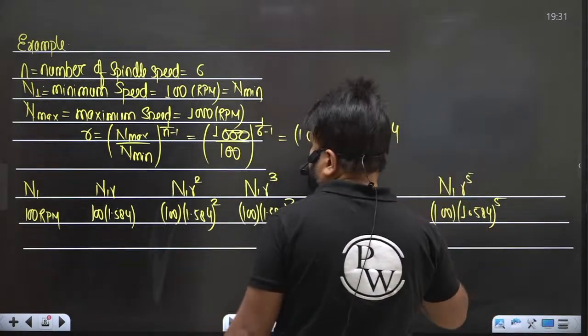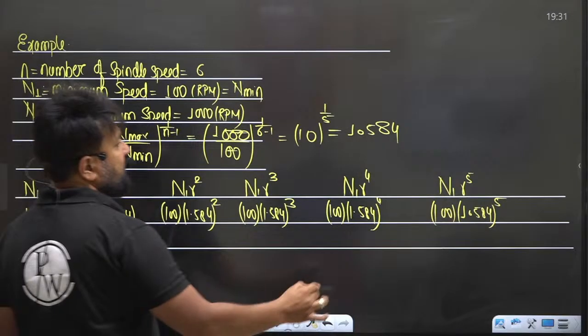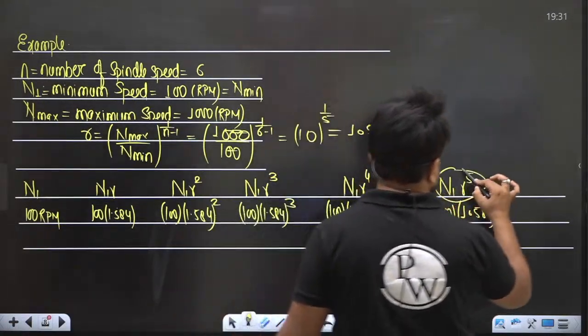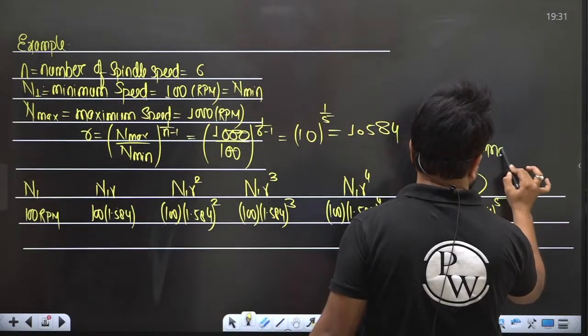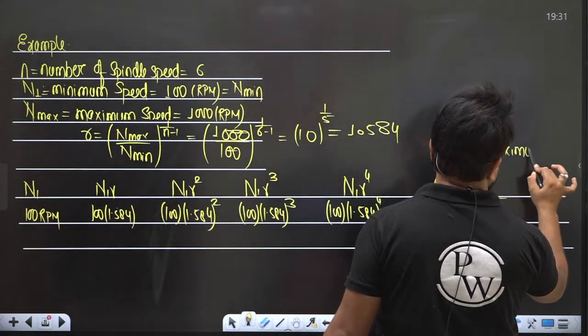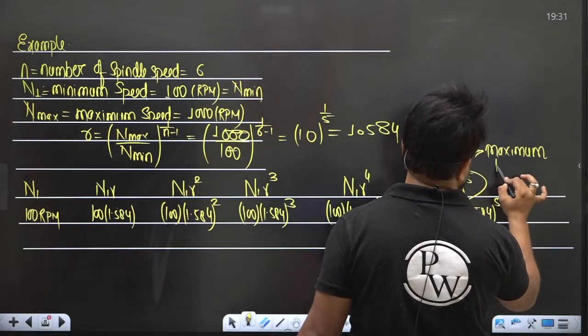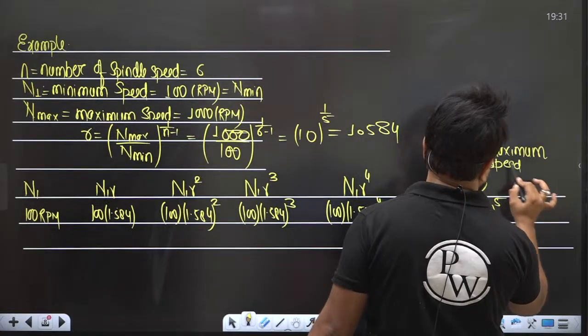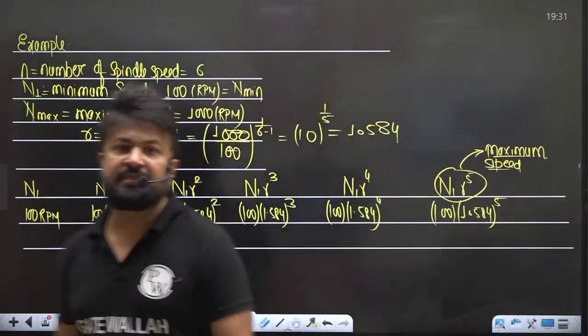My dear, this is the minimum one and this will be the maximum basically, right? This will be the maximum RPM, maximum speed, right?